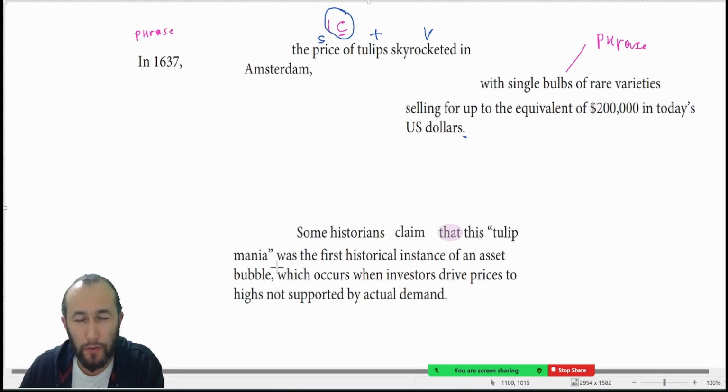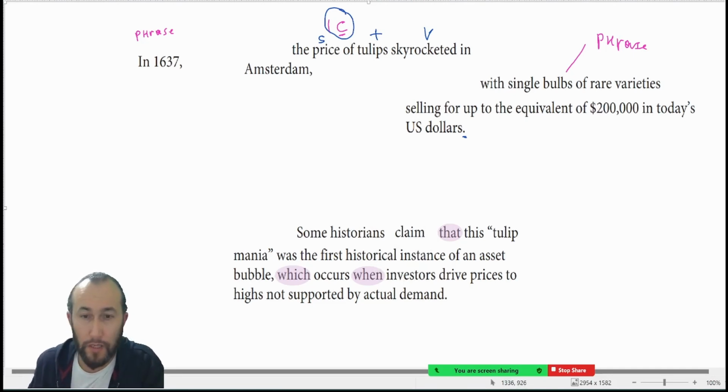So "which" is also a connector. And when we got another connector here, we're going to select that one as well. Okay, guys, so now we got three dependent clause connectors, or subordinating conjunctions. That means we have three dependent clauses.